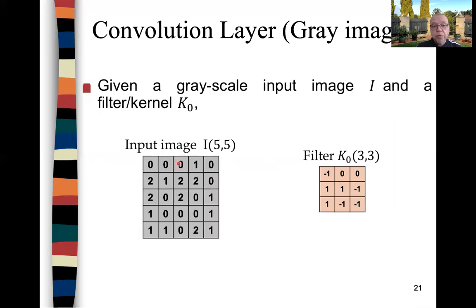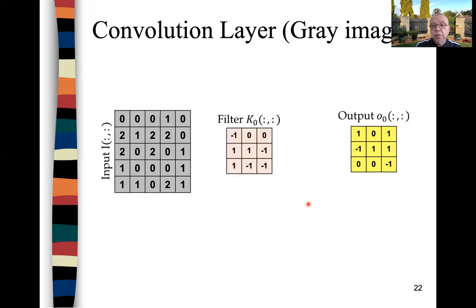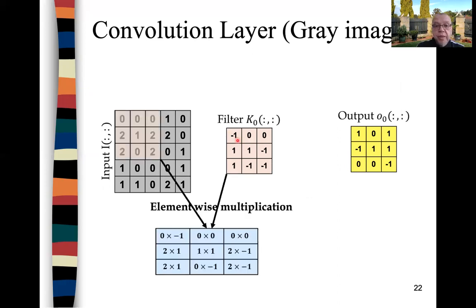So assuming that this is an image which is 5 by 5, so 1, 2, 3, 4, 5 pixels here, 5 pixels here, we want to perform the convolution with this kernel. We assume that this is the flipped one, and we bring the kernel to this location here. Because this is a 3 by 3 and this is a 5 by 5, we take this 3 by 3 kernel and place it here.